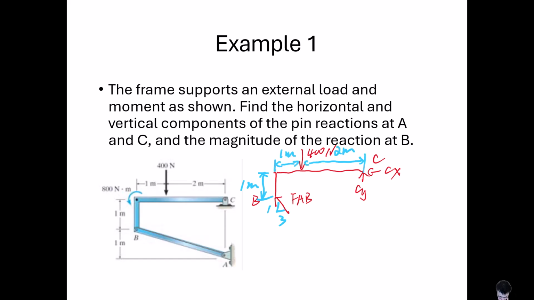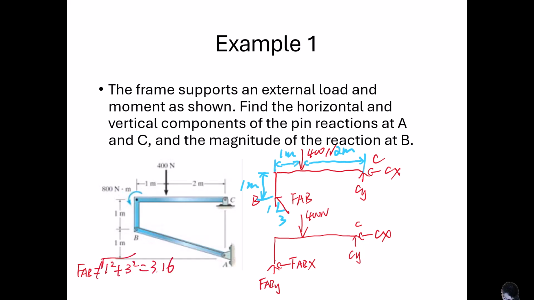So how we need to decompose it? Okay, we need to decompose the FAB into FABX and FABY. So FAB is 3.16 and FABX equals to 3/3.16, which is 0.95 times FAB.